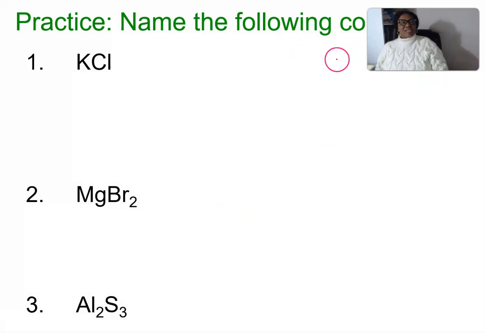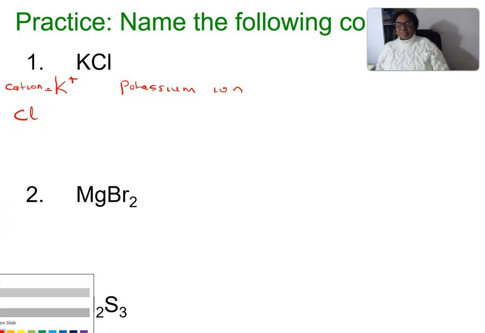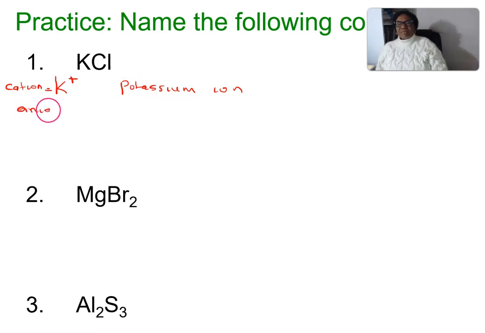So you want to practice that here. I'll do one, then you can do the other one. The cation present is K plus, that's the cation, and the name is potassium ion. The anion is Cl minus.